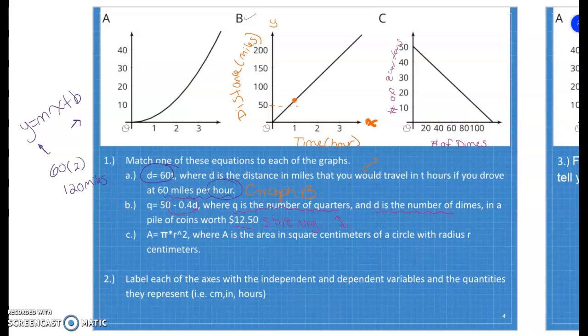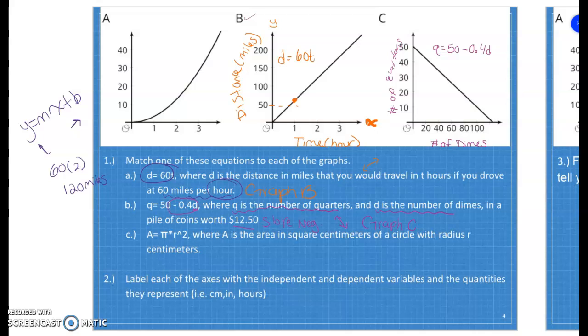So I know that graph C is going to be our option. I'm going to put the equation here with it. You don't have to. I just want to make sure that I have all of these completed so that I can use process of elimination on everything.